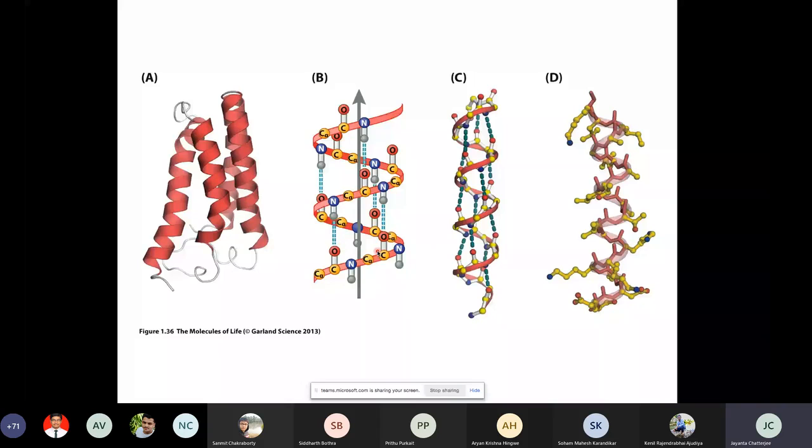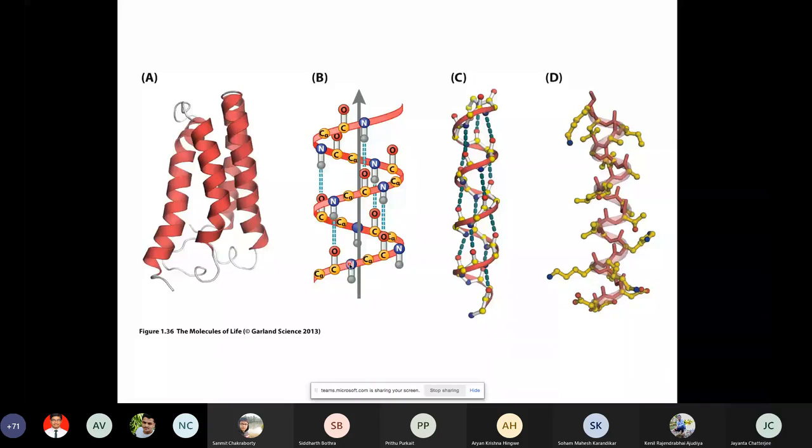Typically, when you name a protein, we go from the N terminus to the C terminus. Hold on. Where is our N terminus? Yeah, this is our N terminus. This is the amide bond. If this is the first amino acid, this is the N terminus, and this is the C terminus.